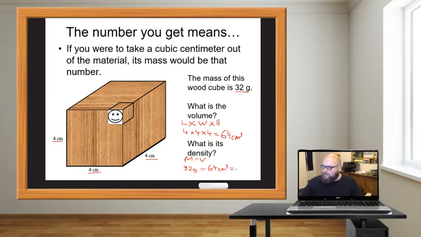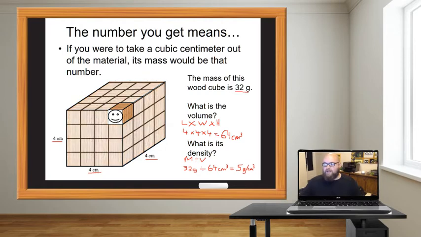And we're going to get an answer of 0.5. Now the units here get a little crazy, but that's because we took grams and divided them by centimeters cubed. Well, that doesn't give us an actual measurement, so we represent it as grams divided by centimeters cubed, or we say that as grams per centimeter cubed.